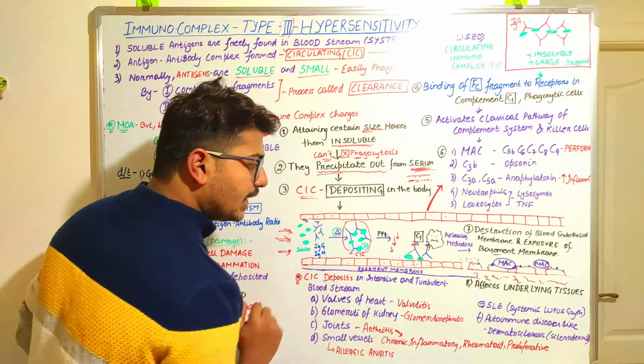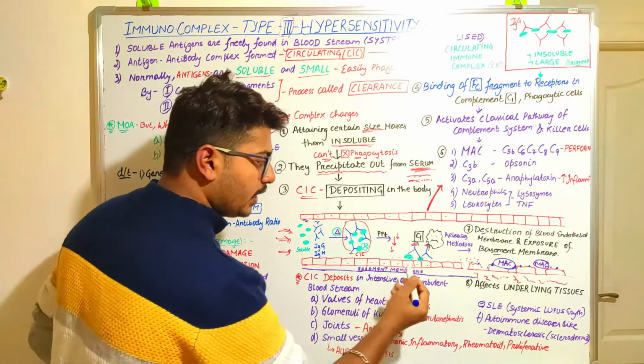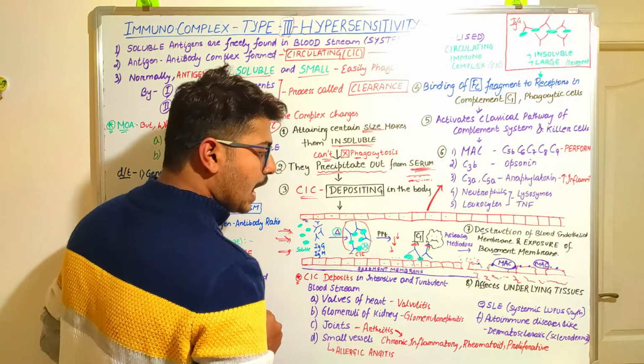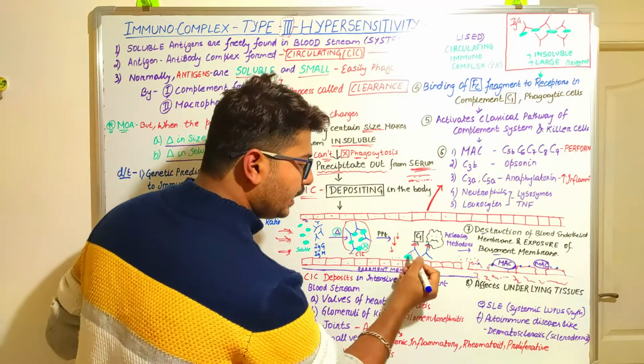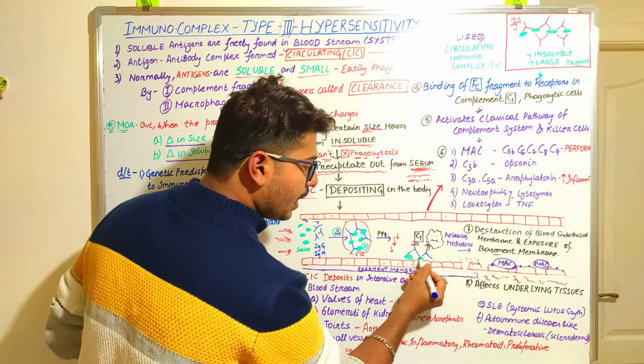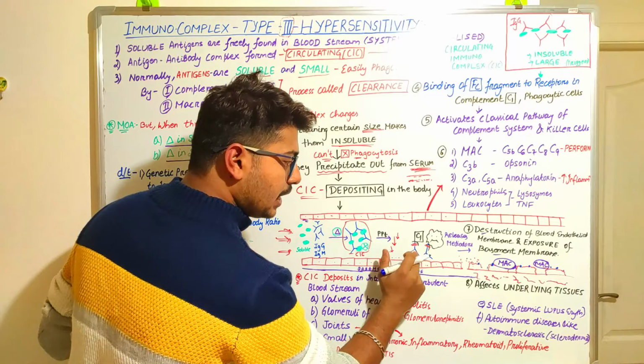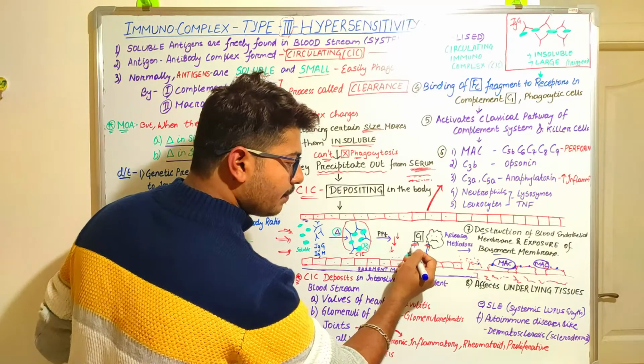This is the antigen antibody complex. Here it is the antigen and here it is the antibody complex. As we know, the antibody has this Fab fragment that is already attached with the antigen, and the antibody also has this Fc fragment.